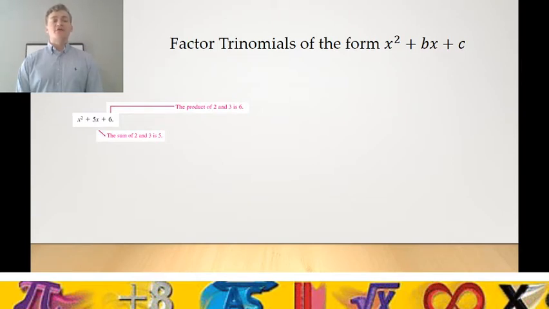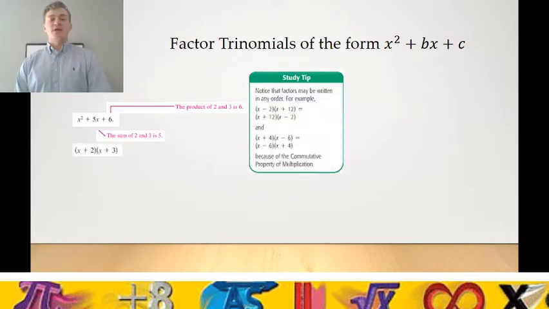So to factor the trinomial x squared plus 5x plus 6 as the product of two binomials, we understand that each binomial will have the first term x, because the product of first terms x and x is x squared, and we fill out that binomial product with the two integers that we just found, 2 and 3.